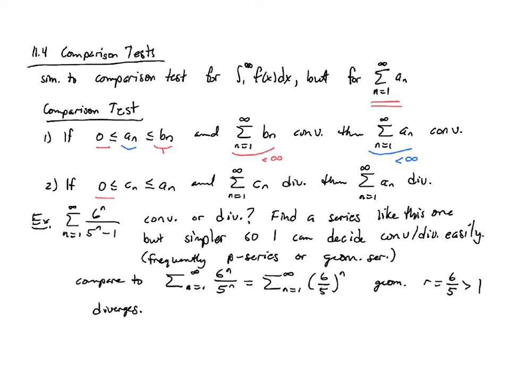Now, in order to apply the comparison test, we need to show the following. We need to show that 6 to the n over 5 to the n is less than or equal to 6 to the n over 5 to the n minus 1.